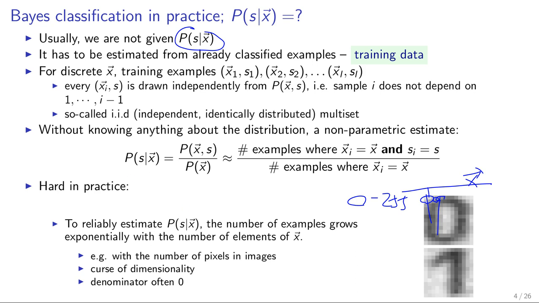Of course, in practice, you cannot do this. It grows exponentially with the number of pixels in images, and the denominator will often be 0 because you will simply not have a chance of seeing all these different theoretical pictures. So that's not possible.